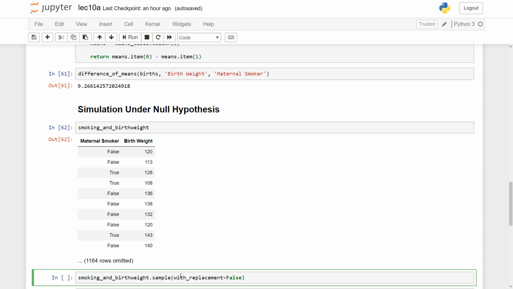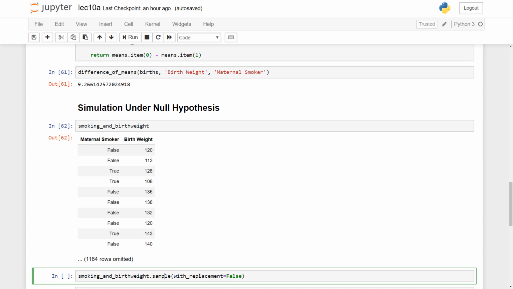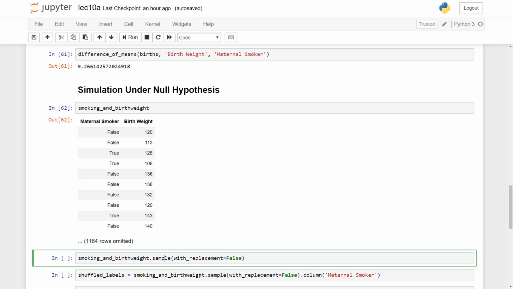That's actually why this method is called a permutation test. So sample without any sample size will do a permutation over the entire table, and of course we don't want to do that with replacement, so we indicated false for with replacement. This is sampling without replacement, which means just shuffling the existing rows in the table.